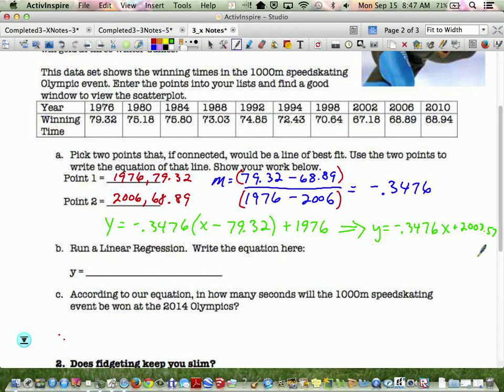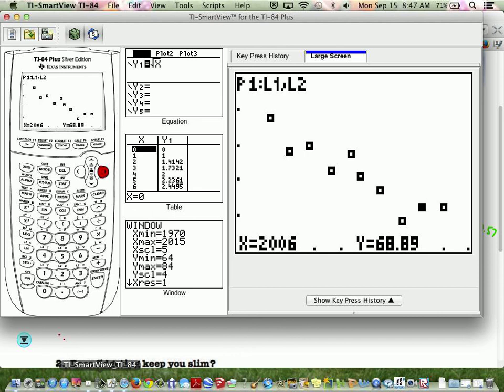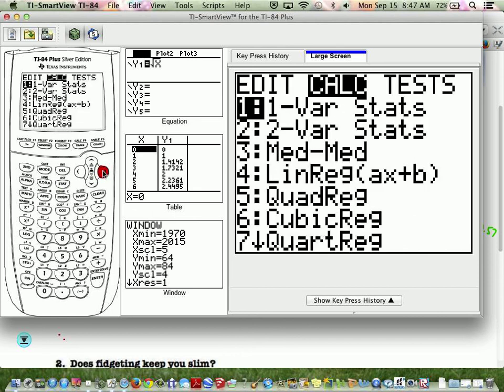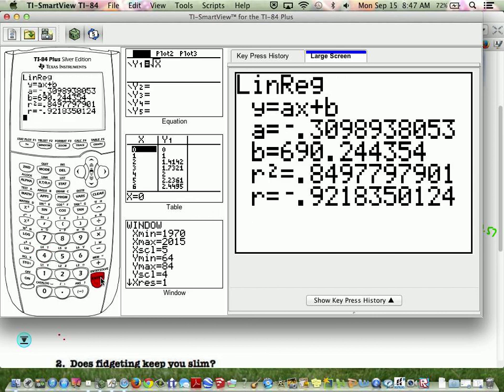Now we're going to let the calculator do the work. Stat, calculate, number 4, enter. So negative 0.30, let's just round up, that's 8989, so let's round it up.